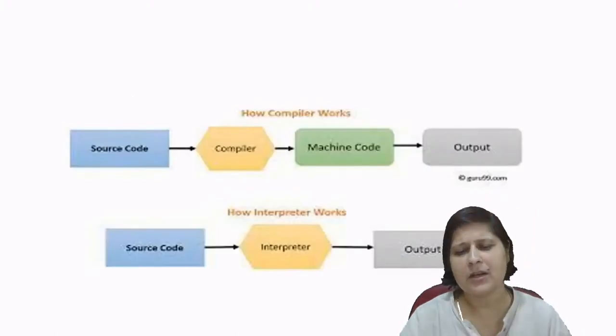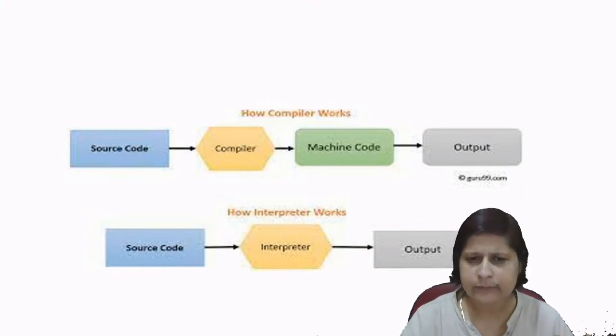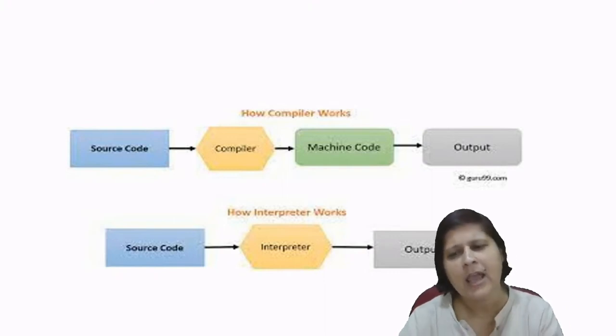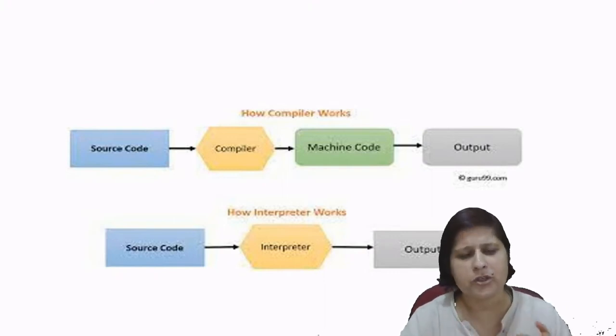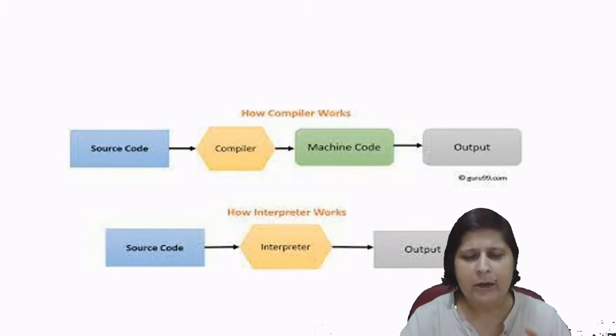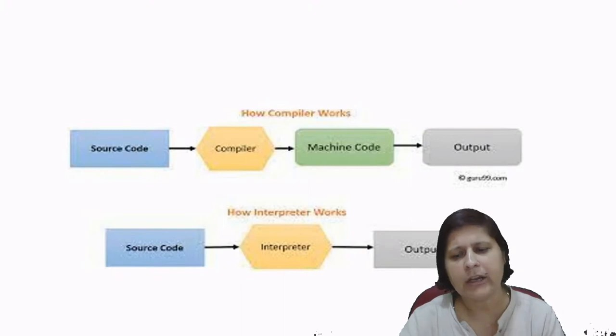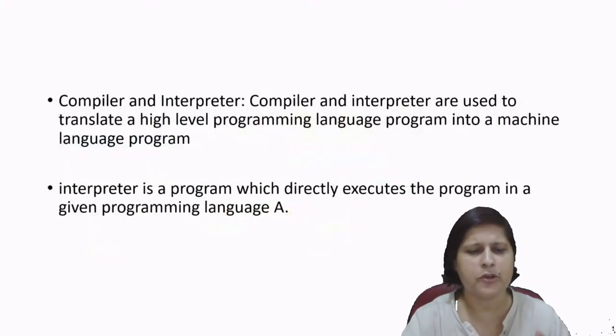How do compilers work and how do interpreters work? Source code, then the compiler converts that high-level language into machine code and then gives the output. While the interpreter converts the source code directly to the output.